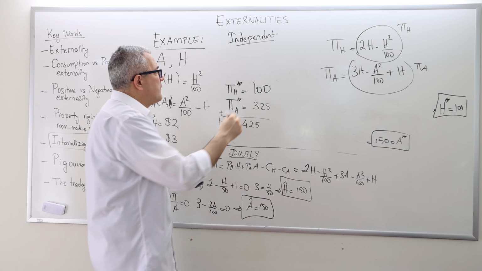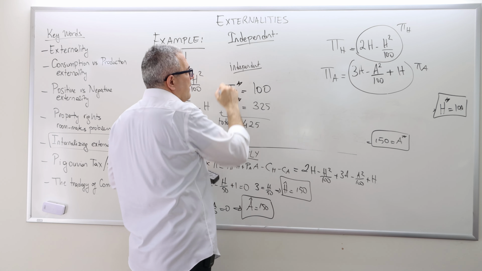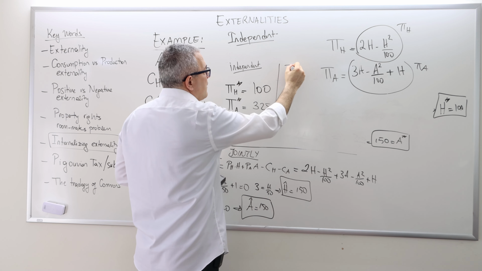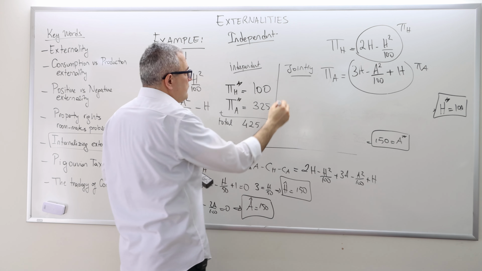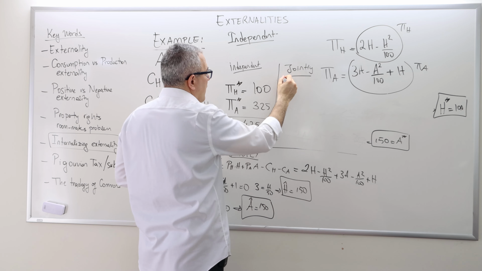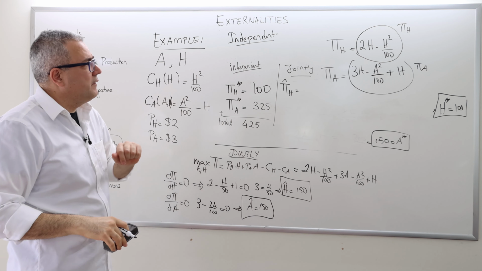Okay? However, this is independent. If they act independently. Well, what if they act jointly? If they act jointly, the honey producer is going to produce 150 units.